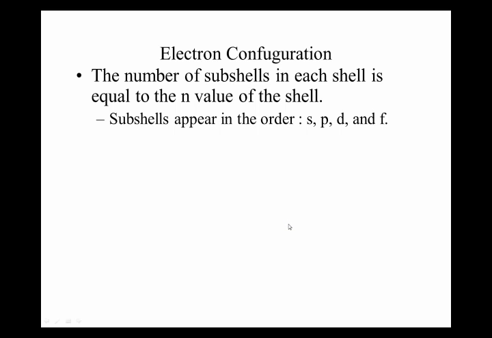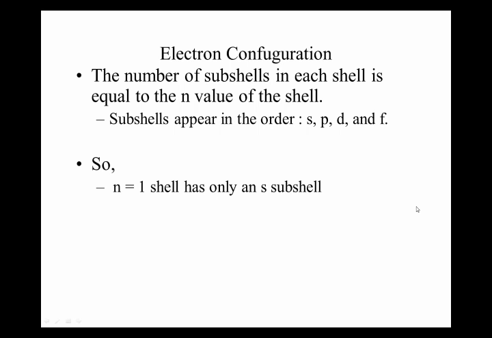So n equals 1 only has one subshell, and it's an s, right? Now, again, in each subshell there is at least one, usually more, orbitals.